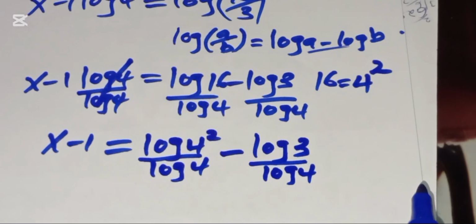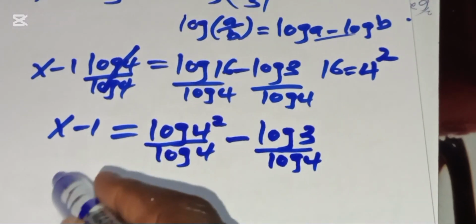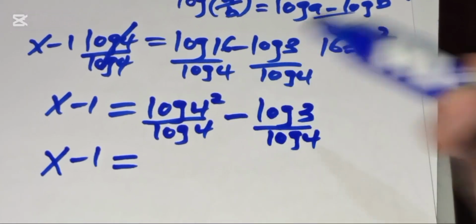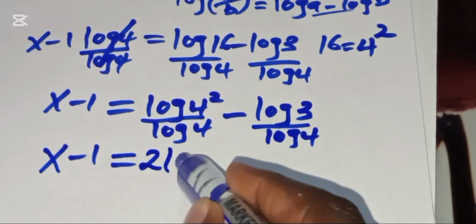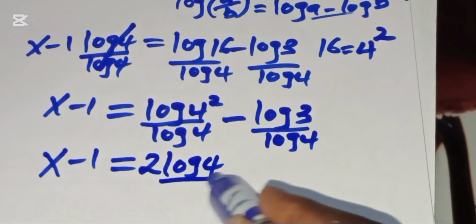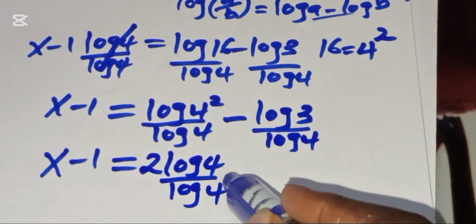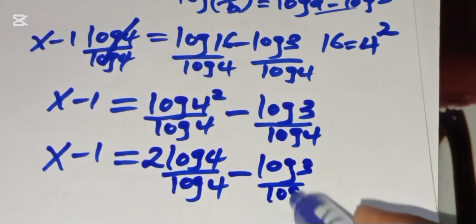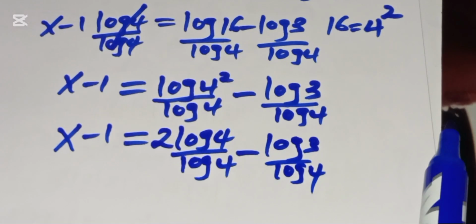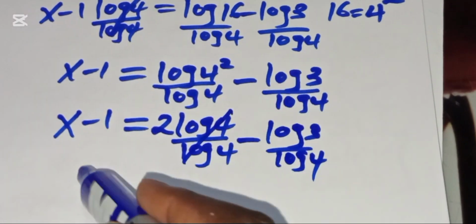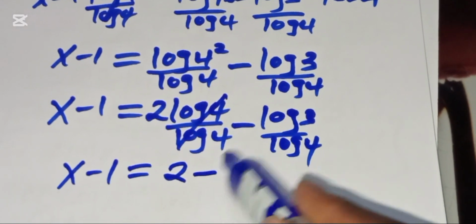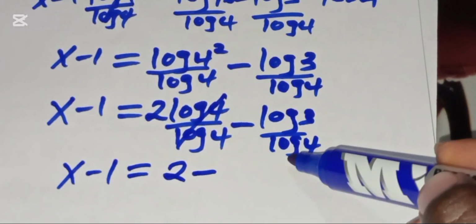Now log 4 squared is the same thing as 2 log 4 divided by log 4, subtract log 3 divided by log 4. Let's simplify here. We'll have x minus 1 equal to 2 subtract log 3 divided by log 4.